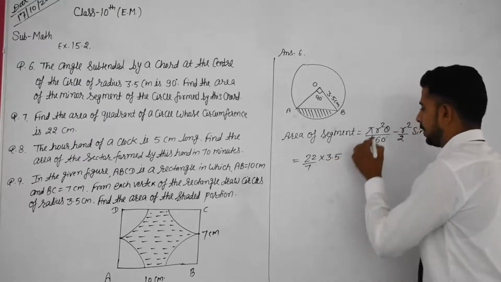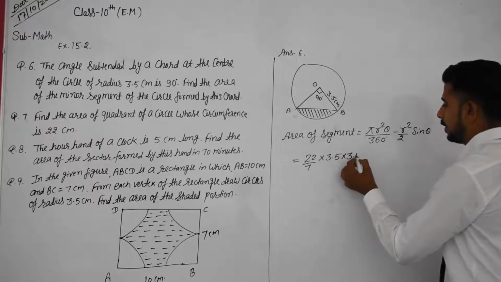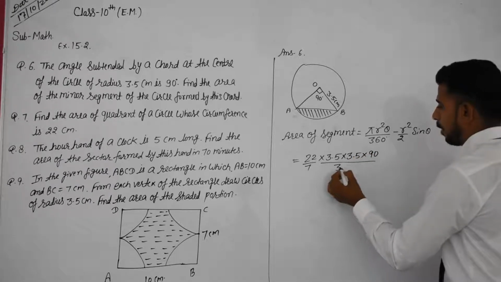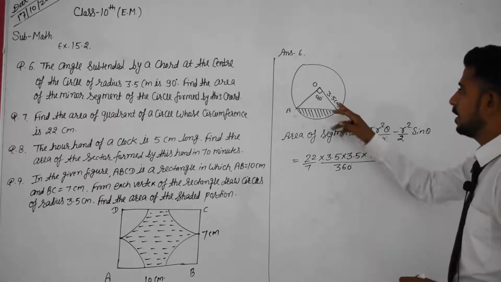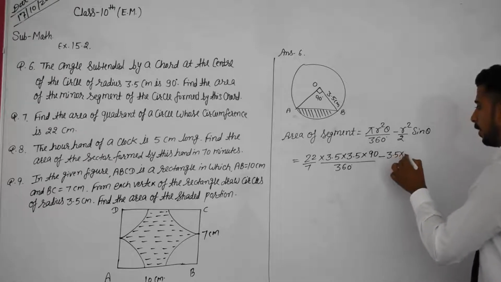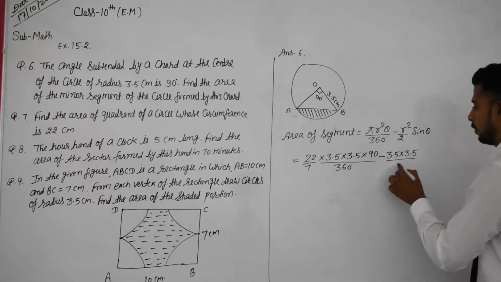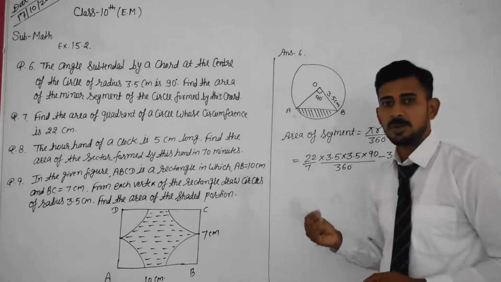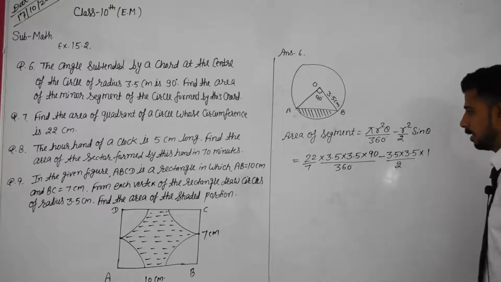Radius r means 3.5, r square means 3.5 into 3.5, and angle theta is 90 degrees upon 360. Minus r square, which is 3.5 into 3.5, upon 2 into sin 90. The value of sin 90 is equal to 1.